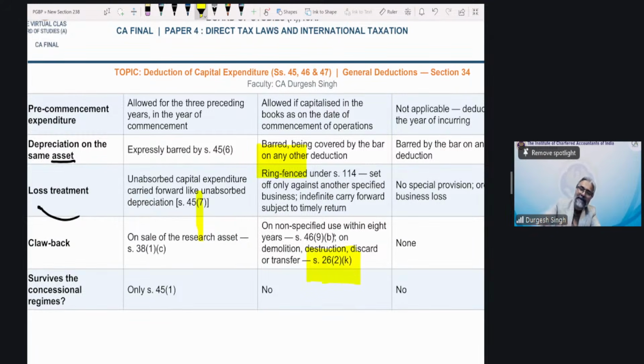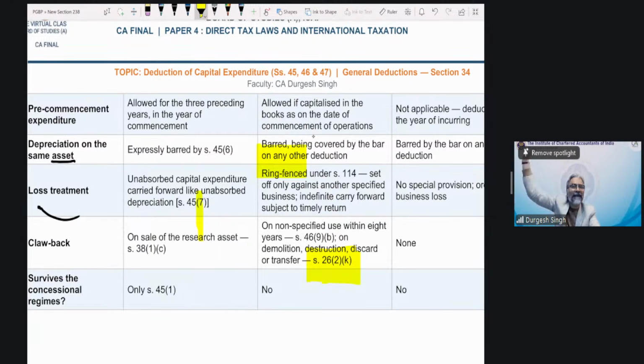I told you that I will do it when I do this section 46, which is 35AD. So students, today, after the lecture gets over, I want you to do this homework. Go and read that particular PDF, section 26, last clause. And now you will relate it. If you have transferred it, or it has been discarded or demolished, which means you have thrown it away.